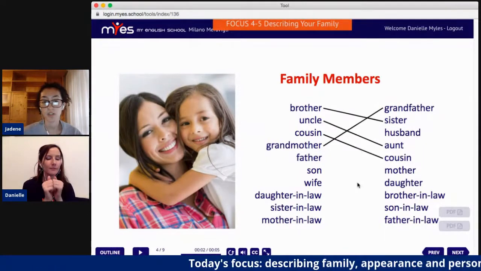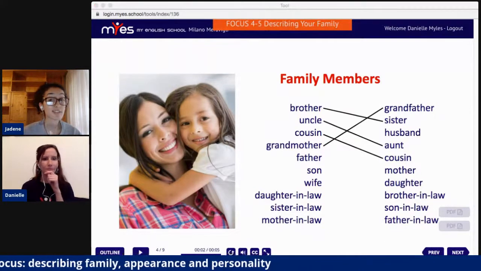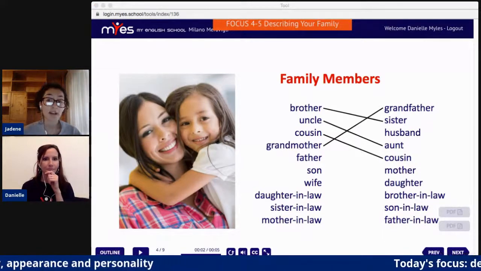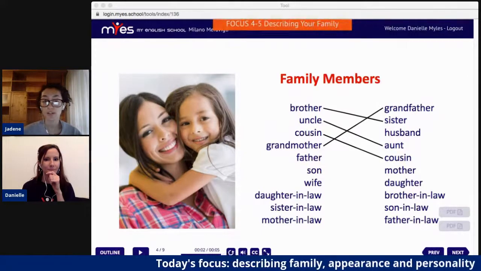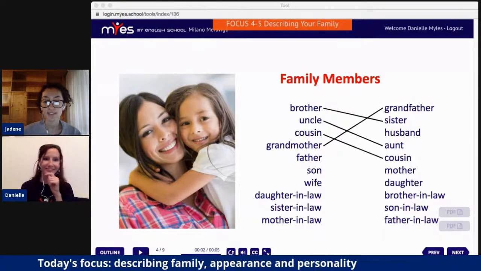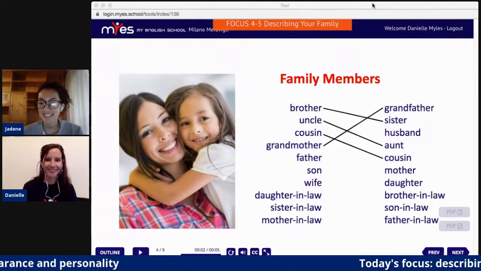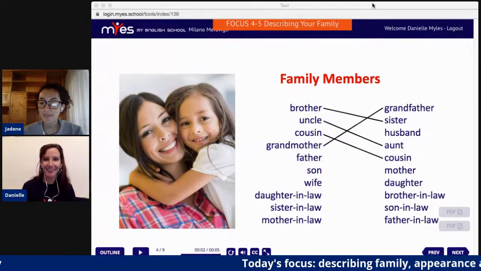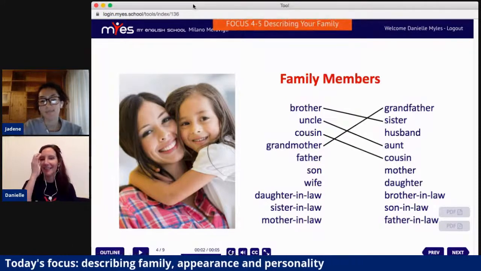We'll give you a clue. If your mother and father are your parents, then your grandmother and your grandfather. Does anybody know? Oh, there we go. Well done. Excellent. Grandparents. Exactly. Yes. Okay.